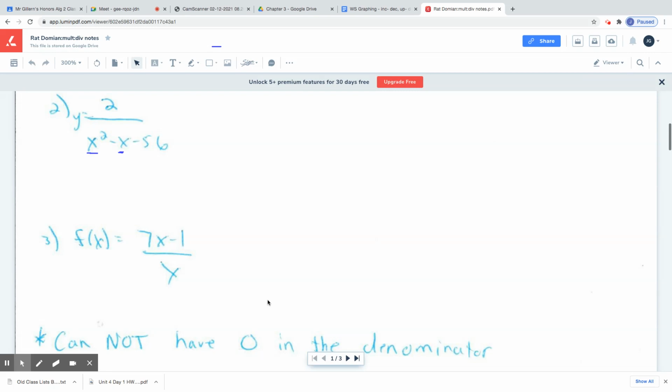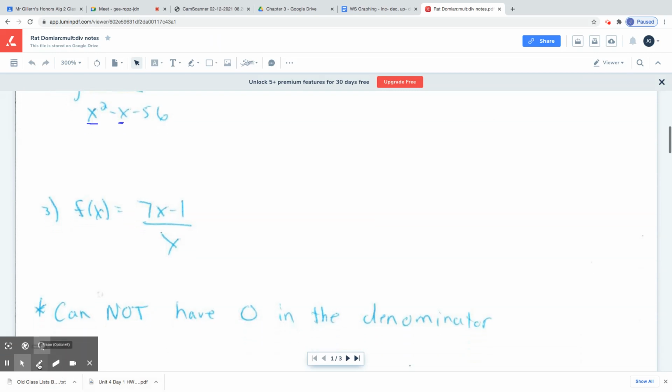You could plug in any value for x and you'd be fine. When you have a fraction, you cannot have 0 in the denominator. Now that we have a variable in the denominator, there are going to be some restrictions on the domain. It's not always going to be negative infinity to infinity.